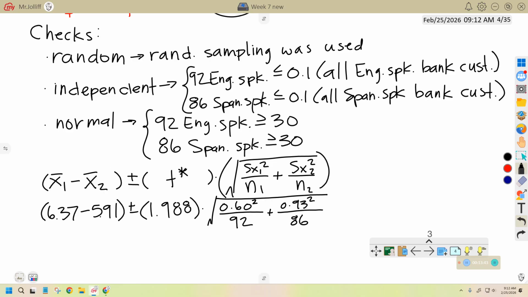Good. And if you are sadistic, you can plug that in your calculator as it sits on your paper, 1 for plus, 1 for minus. But we're going to use 2-SampTInt. 2-SampTInt should be option 0 in your statistics menu. And we have statistics, so we're going to plug in our statistics.